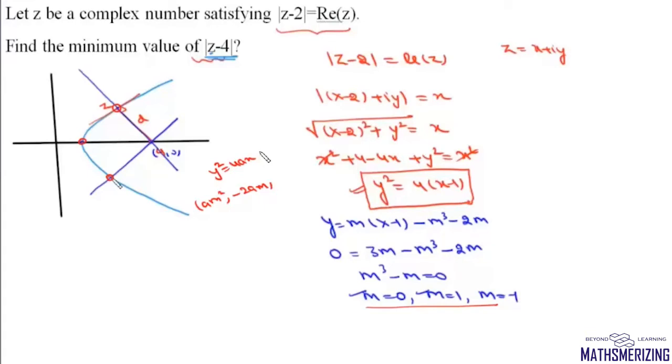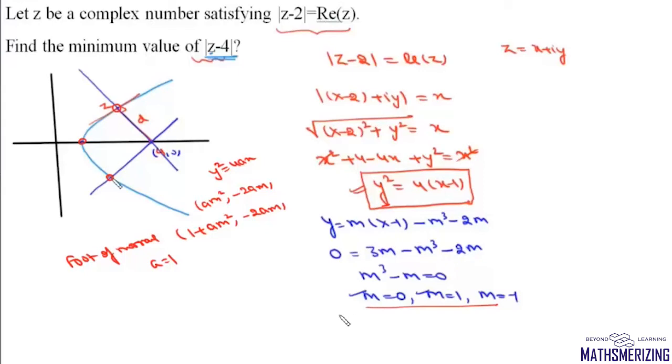But we have a parabola which is y square equals 4 times (x minus 1). So in this case, the foot of normal will be given by (1 plus am square, minus 2am). Now for this parabola, the value of a is 1.